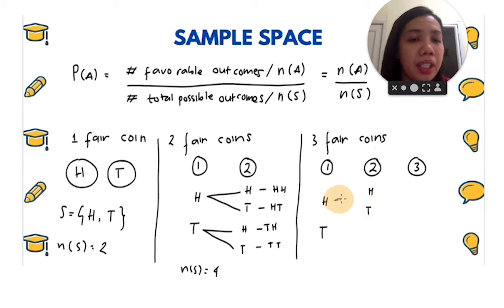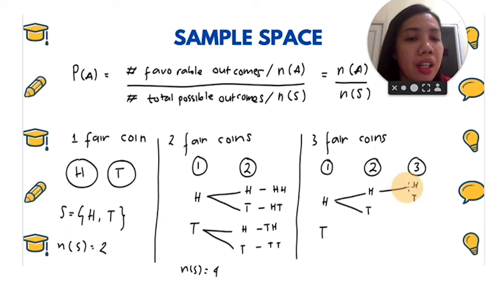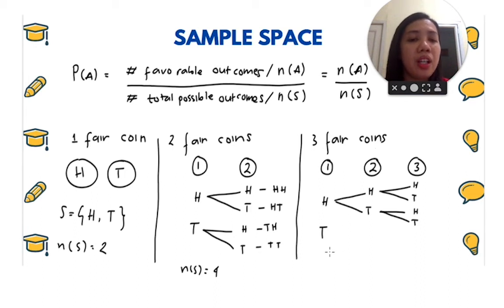Whenever we have head in the first coin and head in the second coin, in the third coin we also have two more possibilities, head and tail. And if we have a head in the first coin and tail in the second coin, in the third coin we also have two possible outcomes, head and tail. We repeat the same process for the first coin whenever we have a tail.